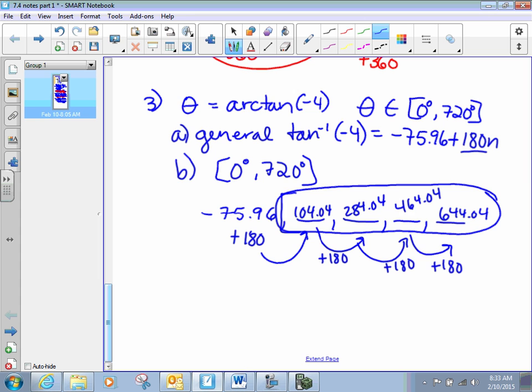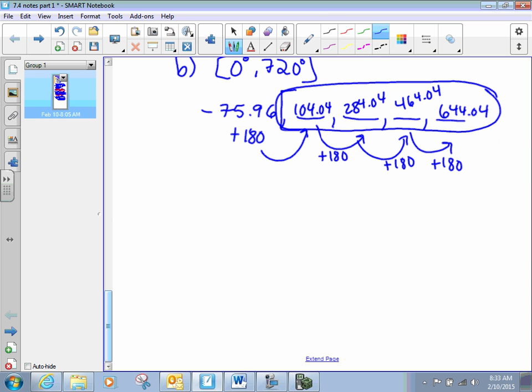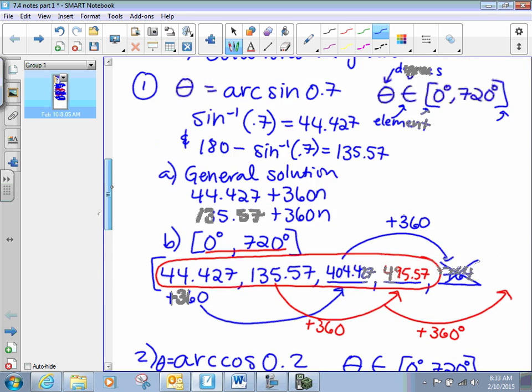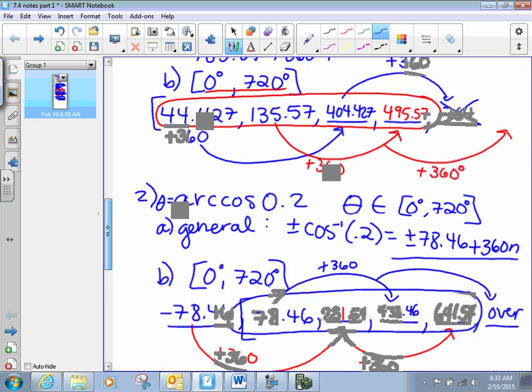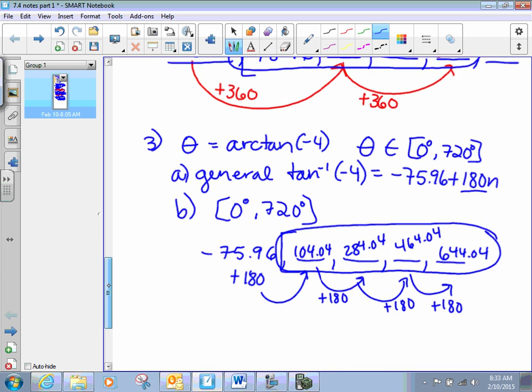The same steps will take place when you do radians, and I'll just show one example with radians how it would be a little bit different. So these were all degrees. So your first one for sine, second one for cosine, third one for tangent.